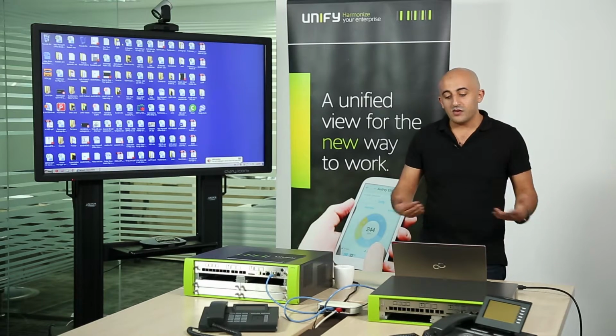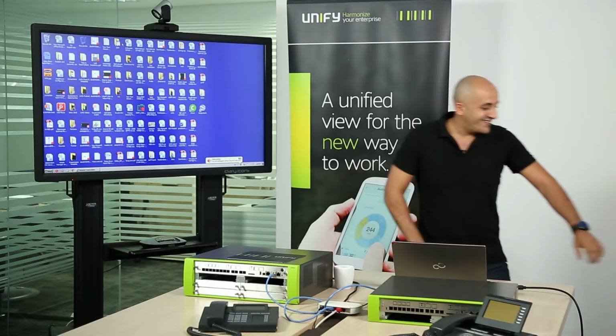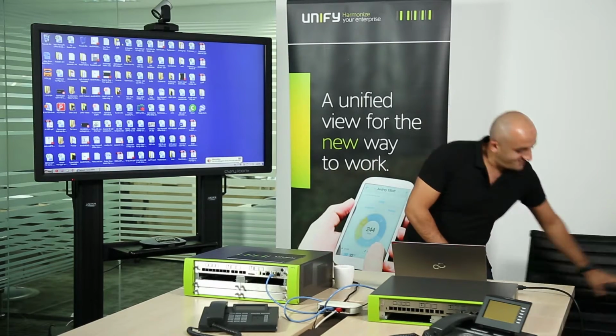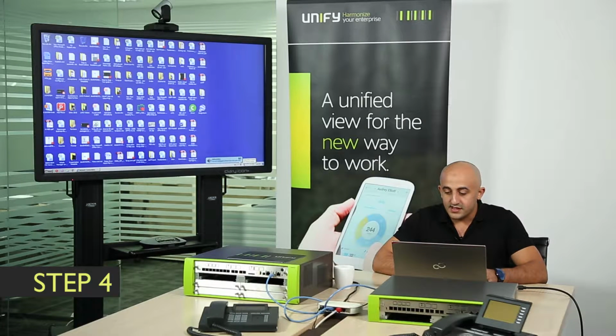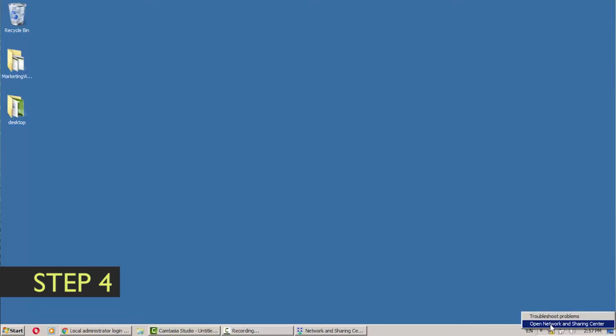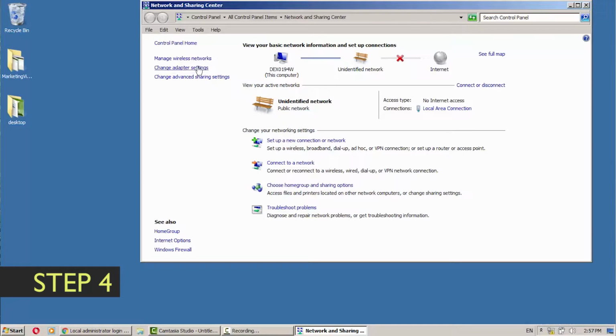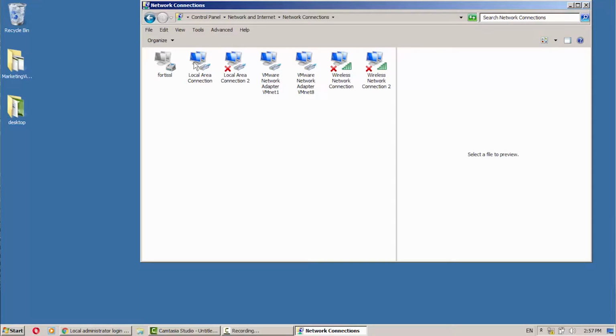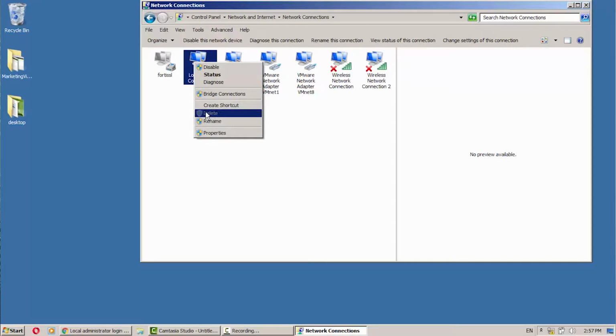So let's see how we configure the management laptop. Go to Network Settings, right click, open the Network and Sharing Center, choose Change Adapter Settings, and choose the LAN connection.